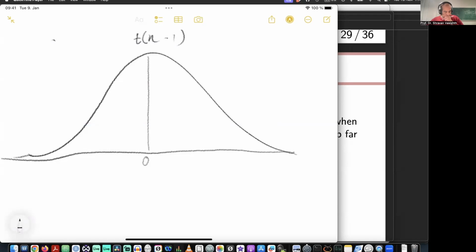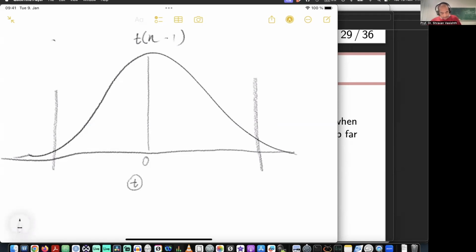And what I'm going to do now is define a rejection point on the x-axis, right? So these are the t values. This is the t distribution, possible t values under repeated sampling, right?